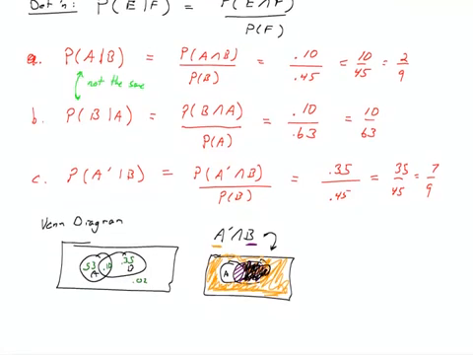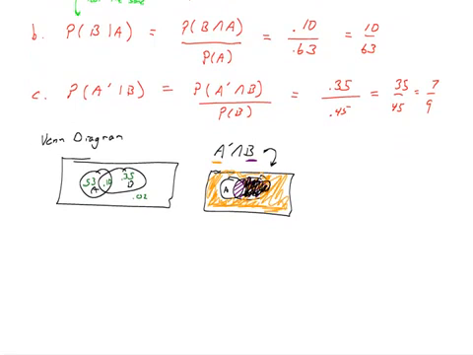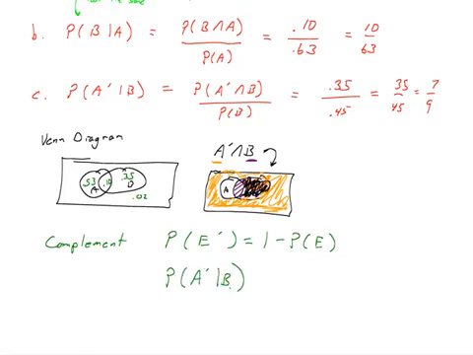Now I said I'm going to show you another way. Remember what the complement rule is. It says that the probability of the complement is 1 minus the probability of the original event. So when I look at probability of A complement given B, the given just tells me what my new universe is.